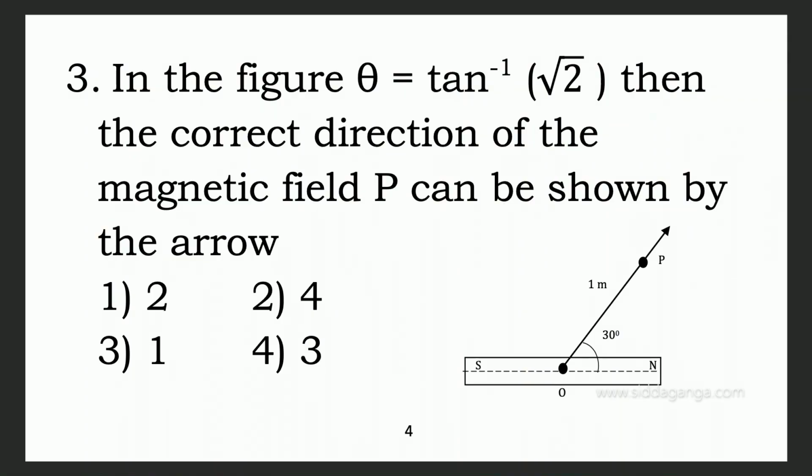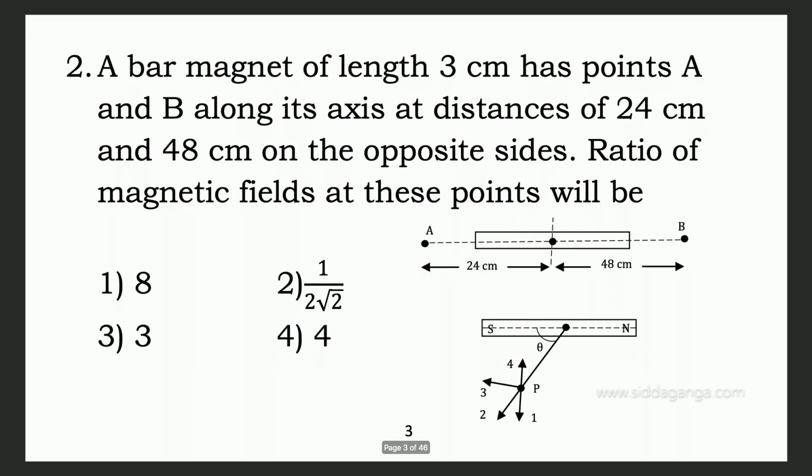Third question, let us put the figure second. So you are seeing the figure, they given the form like this, N and S, and there is some point, and one point is like this, 1, 2, and 3, 4, 3 and 4.